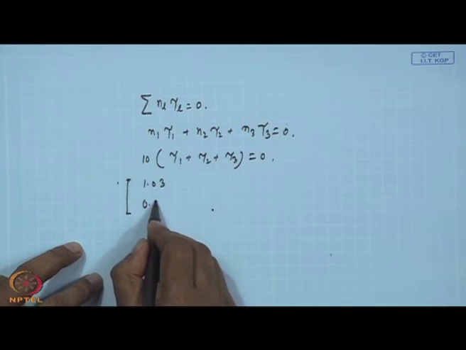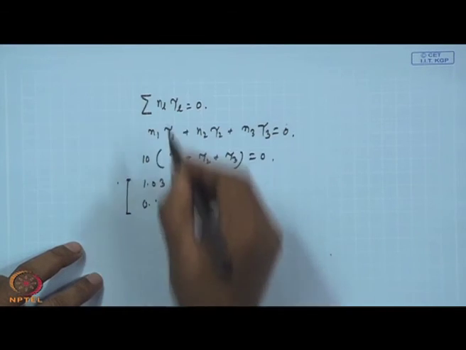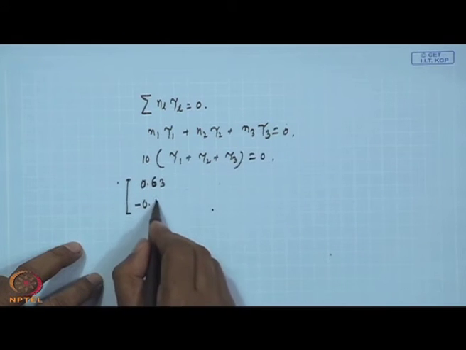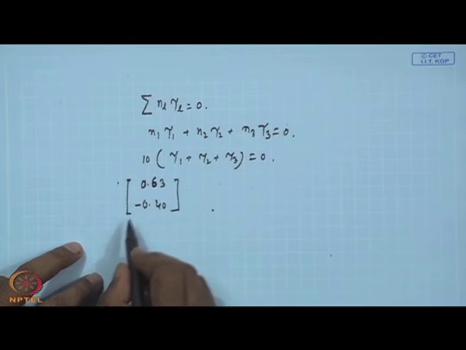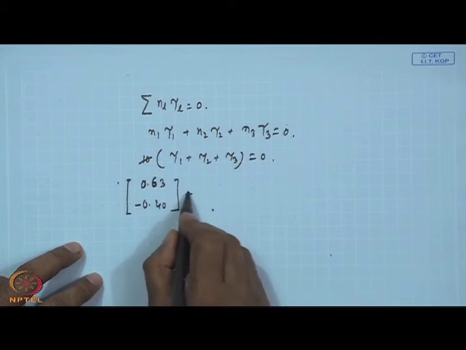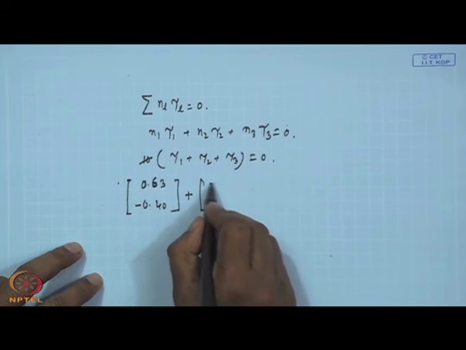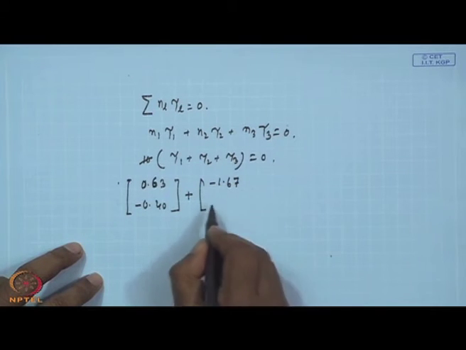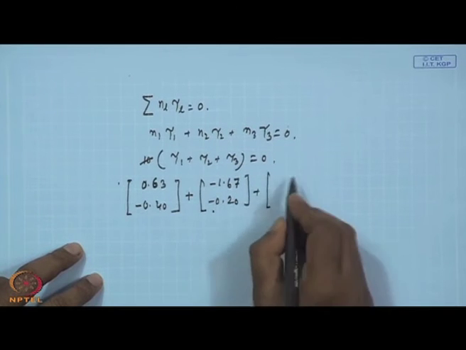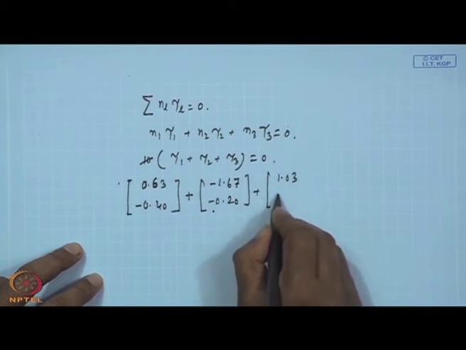This is not tau 1, this is tau 3. 0.63 is tau 1, minus 0.40. So, tau 1 is 0.63, tau 2 is minus 1.67, and tau 3 is 1.03.